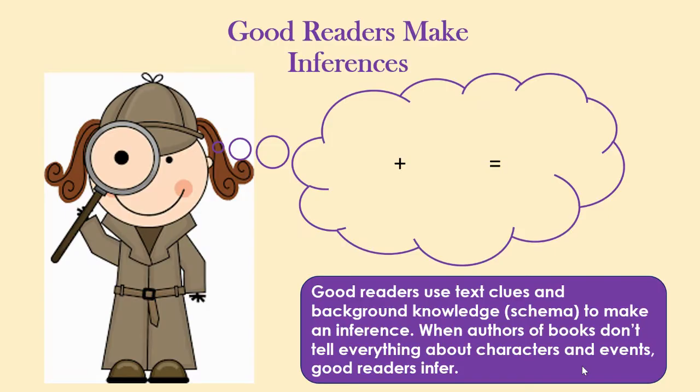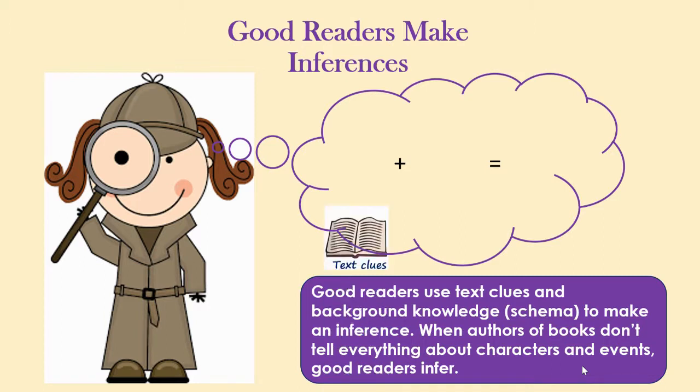Okay, so here we have Ingrid. Everybody say, hi, Ingrid. And Ingrid is an inferer. She has got her magnifying glass to look for clues, and she's a detective with her detective outfit on. She's looking for those clues left by the author. And what is she thinking? What is her inference calculation that she is thinking? I want you to say it now.